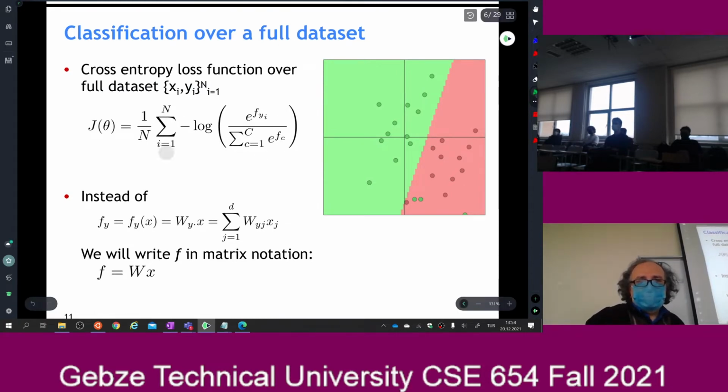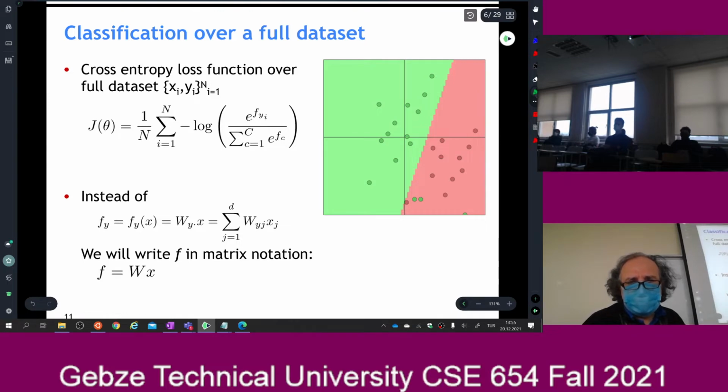So for all the samples from 1 to n, I am going to calculate this negative log likelihood of the softmax function, and this is going to be minimized so that I can obtain those w values. Where are those w values in this formula?